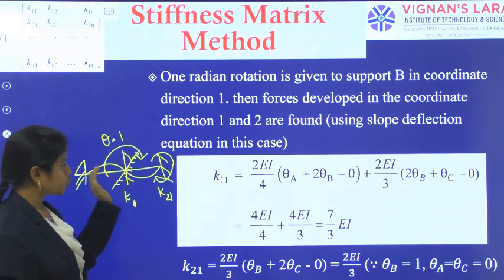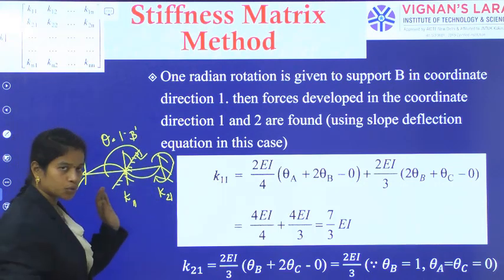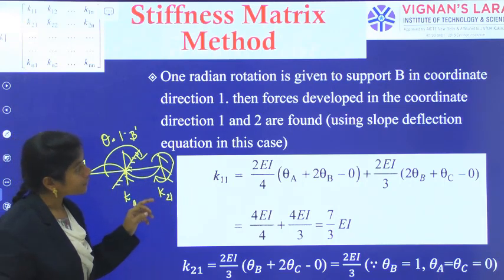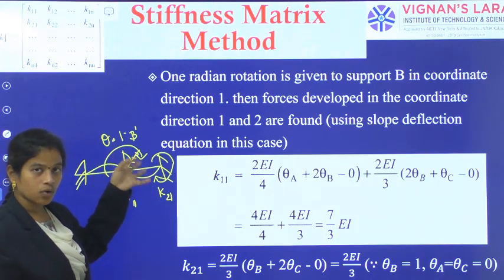So, due to unit rotation at B, the forces developed at coordinates 1 and 2 will be calculated, the force developed in coordinate direction 1 and coordinate direction 2.